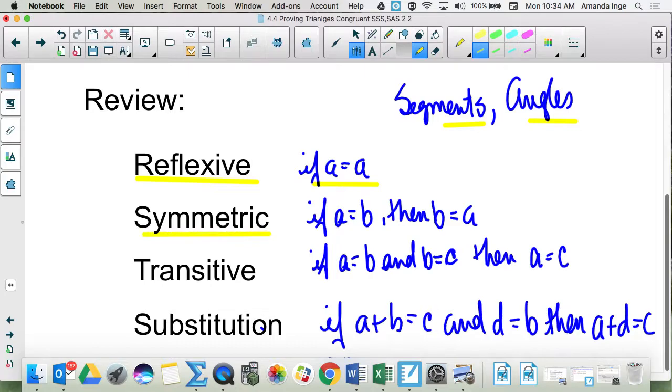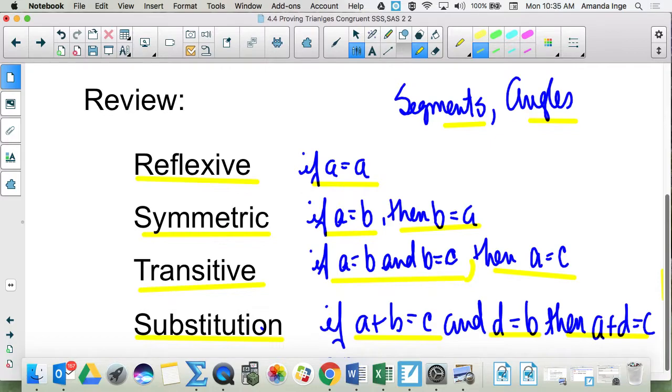The symmetric property says if A is equal to B, then B is equal to A. The transitive property says if A is equal to B and B is equal to C, then we can jump over this and say that A is equal to C. And then we have substitution, where if A plus B is equal to C and D is equal to B, then we take B out and substitute D in and get A plus D is equal to C.